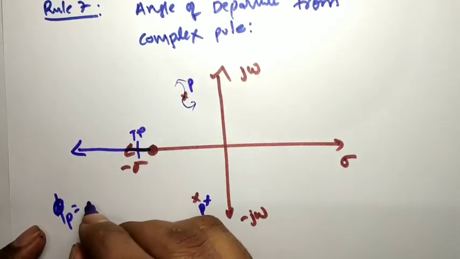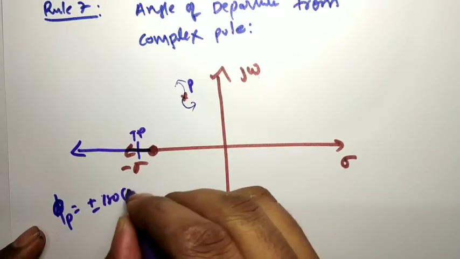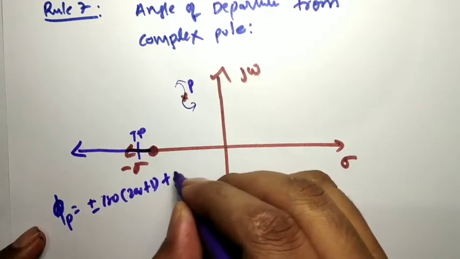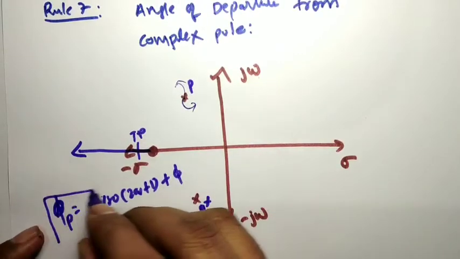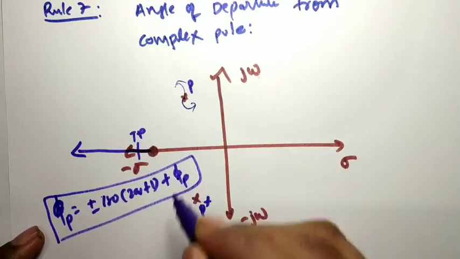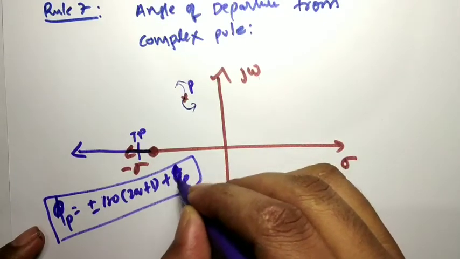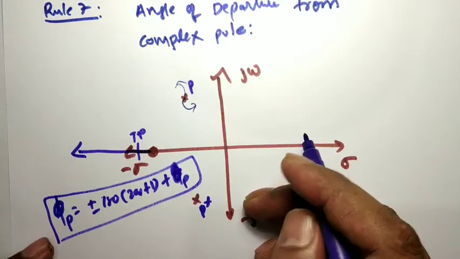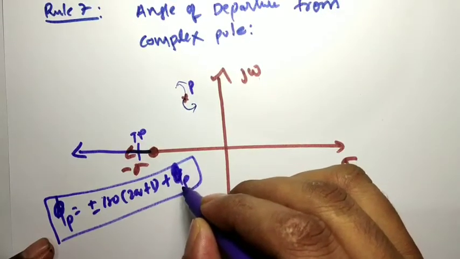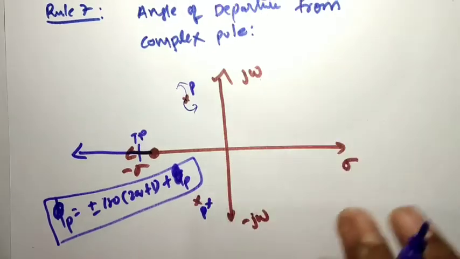Phi p is equal to plus or minus 180 degrees times odd multiples, 2q plus 1, plus phi. Here theta p is the angle.